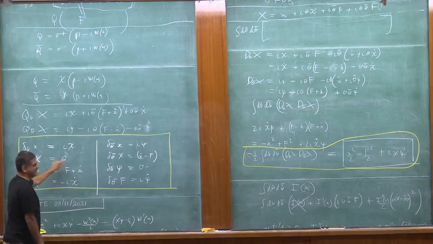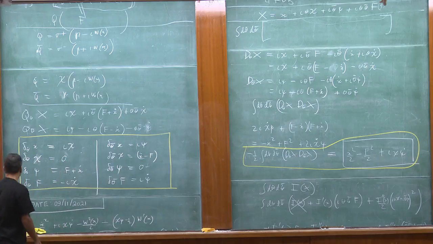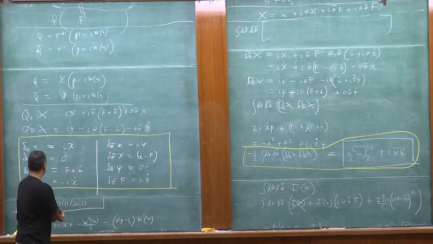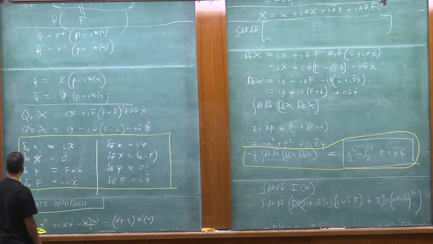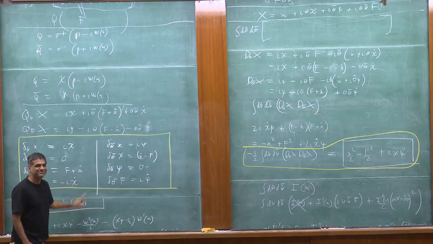Second time on chi, that gives 0. Good. What about delta theta on chi? Well, that's 0. So the second one is also 0. What about delta theta on psi? This is the non-trivial one. Delta theta on psi gives us f plus x dot. Now, if I act with delta theta again on x, I get I chi dot, but on f I get minus I chi dot. So they cancel.